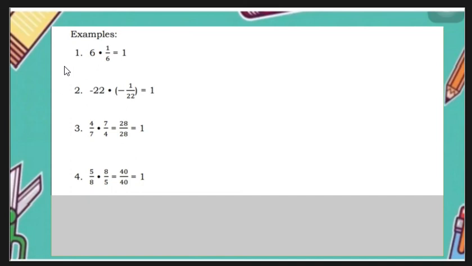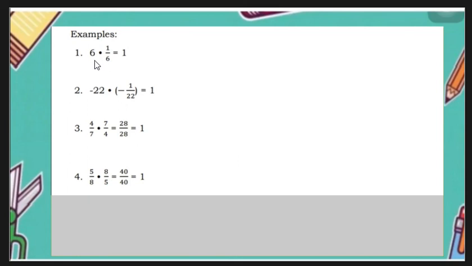6, as what I told you earlier, any whole number always has a denominator of 1. So therefore, we have this denominator 1 of this whole number 6. So we have 6 over 1 times its reciprocal, 1 over 6.